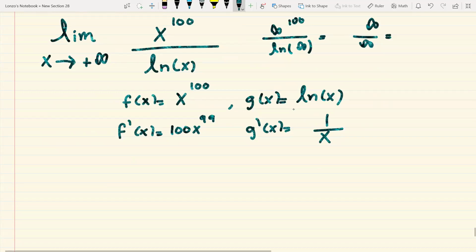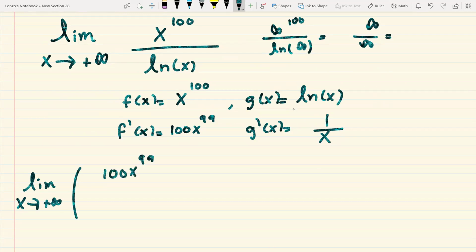So it would be the limit as x approaches positive infinity. And then we're going to put our f prime on the numerator. Our f prime of x is 100x^99 over, and then in the bottom is your g prime. So your g prime is 1 over x.